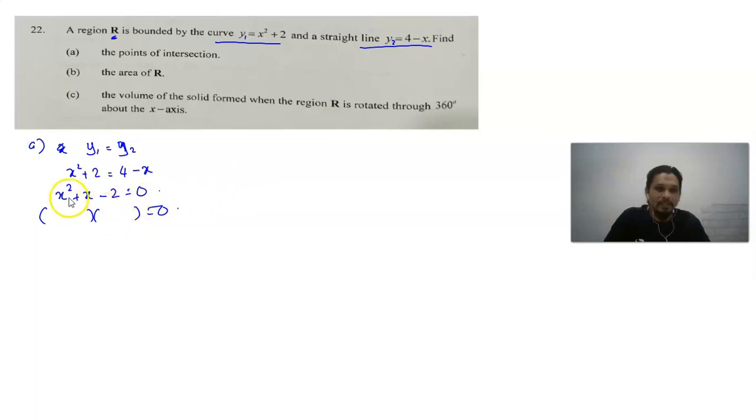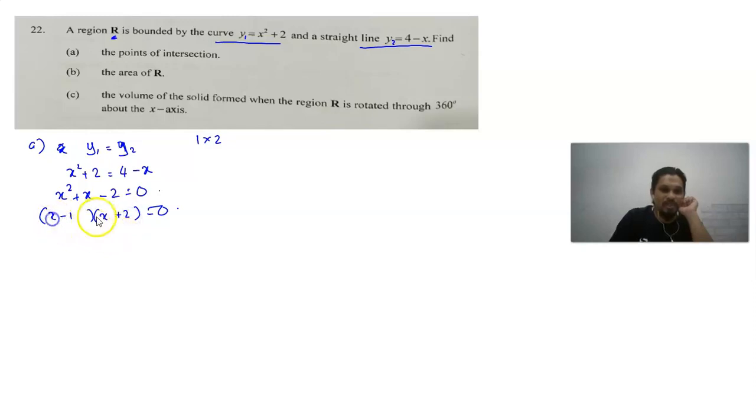So from here, x and x, product of roots negative 2, which is 1 times 2. Either 1 or 2 is negative, so negative 2, and the difference is 1, so I can come to the conclusion that it is x minus 1 and plus 2.